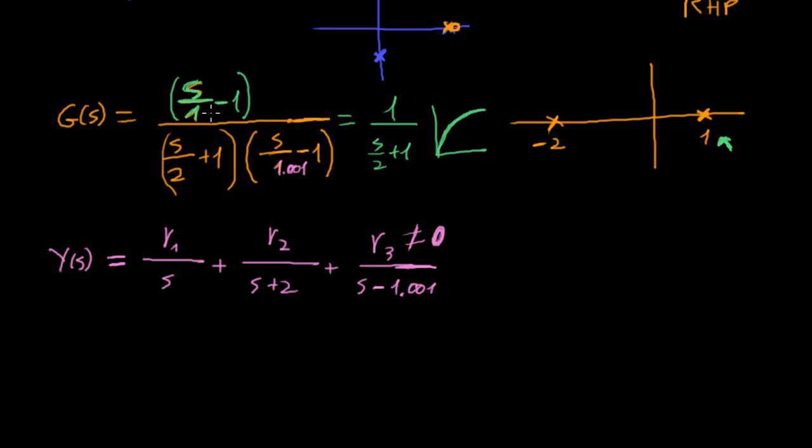And the zero we introduced was in 1, so now R3 is different from 0, which means that there's some contribution, some positive exponential here, which is e to the 1.001 t.